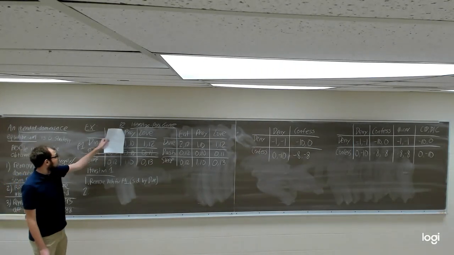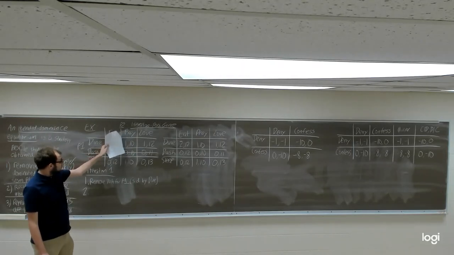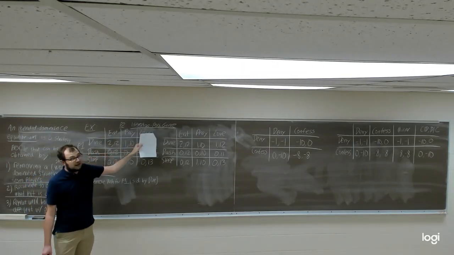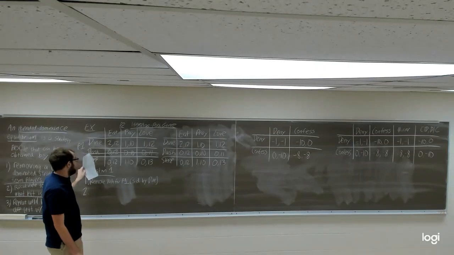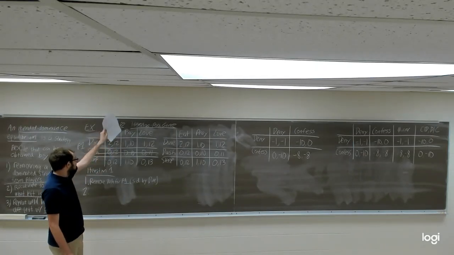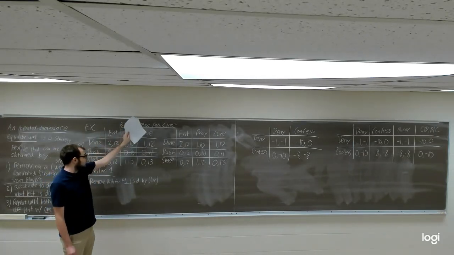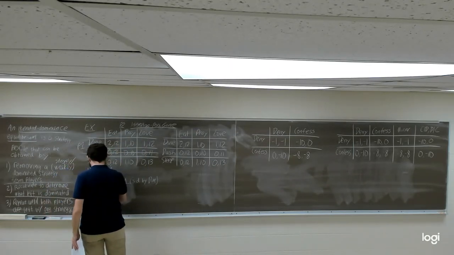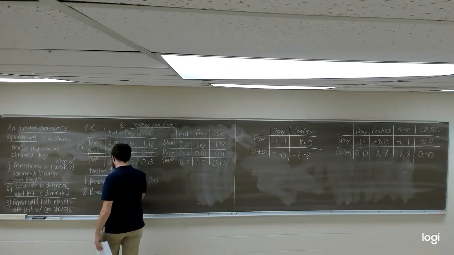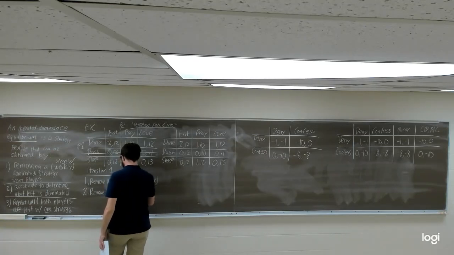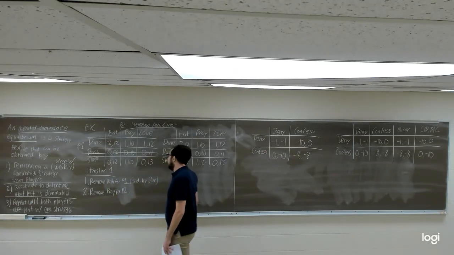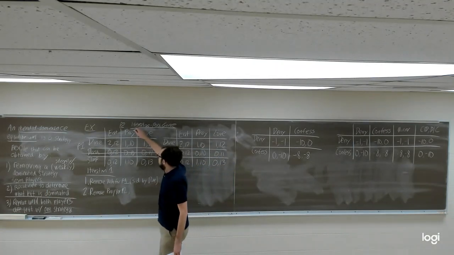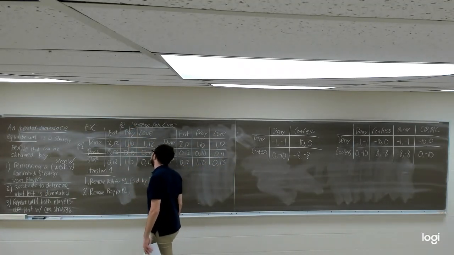Specifically, pray is going to be strongly dominated by love, because if you're player 2, if you pick pray, you're always going to get 10, but if you pick love, you'll either get 12 or 13. So in step 2, I'm going to remove pray for player 2. And we can do that, swoosh.